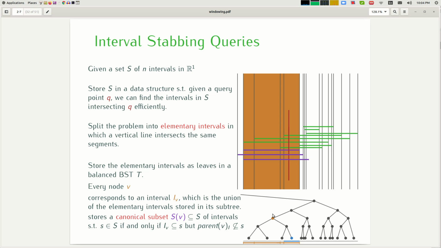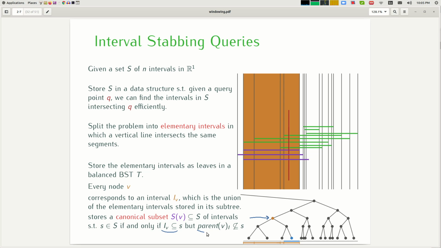Here the input is a set of intervals, so a canonical set will be a subset of those intervals. But what are the intervals that are stored in this node? These are the intervals that completely span this range, so they have to go outside it, but they don't have this property for the parent of this node. In other words, this node is the highest node in the tree whose region an interval completely spans.